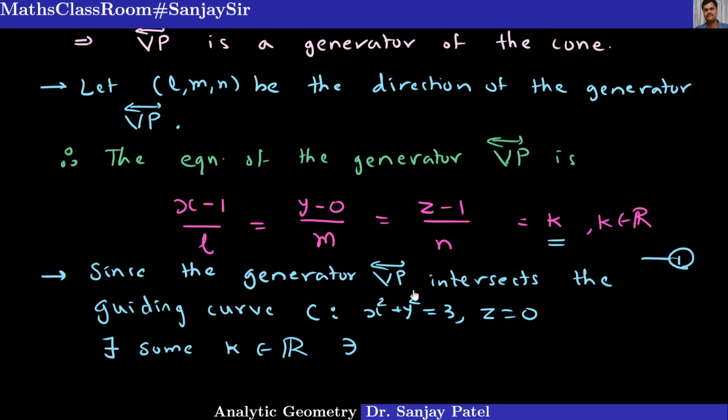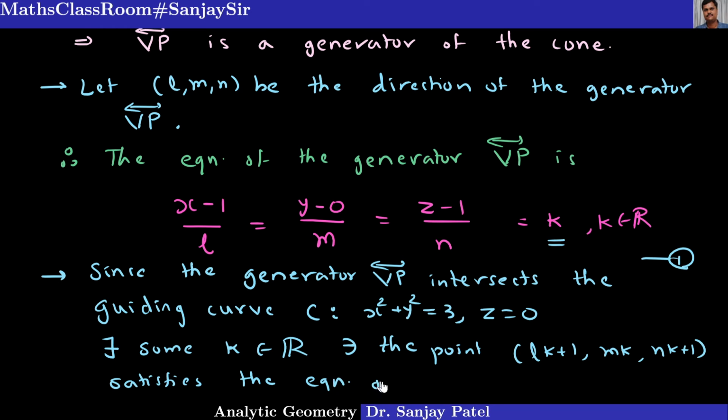So since the generator Vp intersects the guiding curve C, there is some k belongs to R such that the point lk plus 1, comma mk, and nk plus 1 of the line satisfies the equation of the curve C for some particular value of that constant.